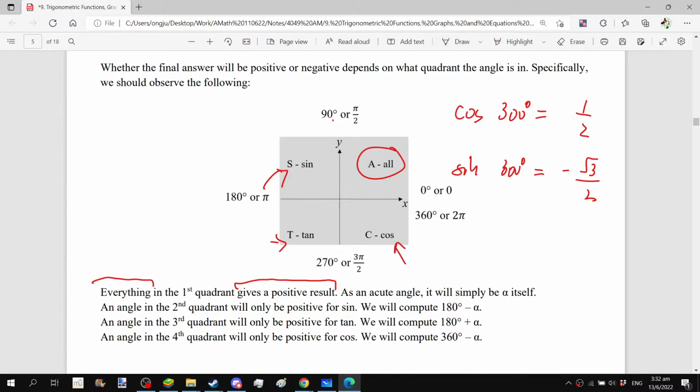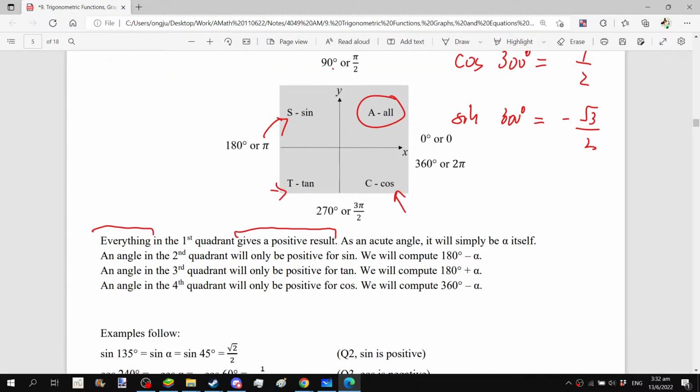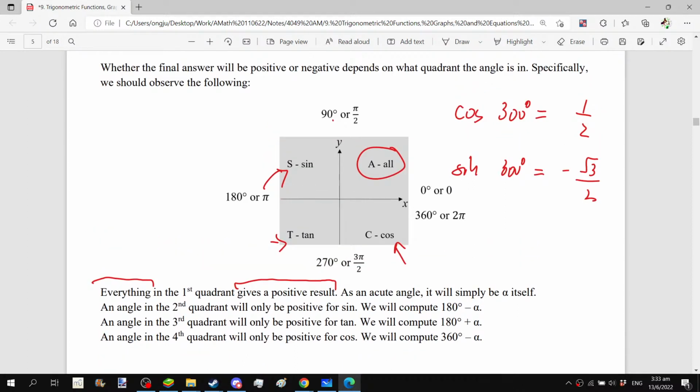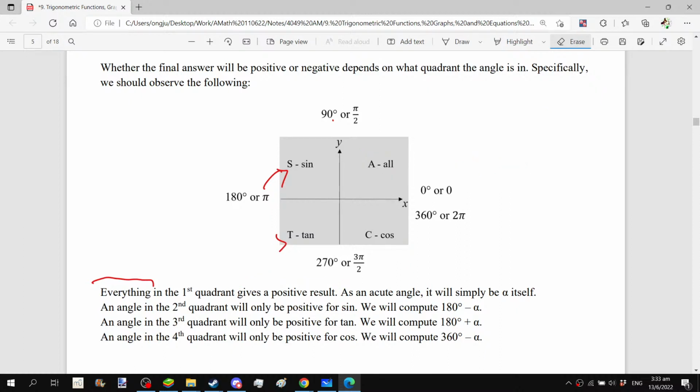Right? So how do we memorize these silly little letters? There's a few ways to go about it. I guess some schools will teach add sugar to coffee, ASTC, right? ASTC, add sugar to coffee.